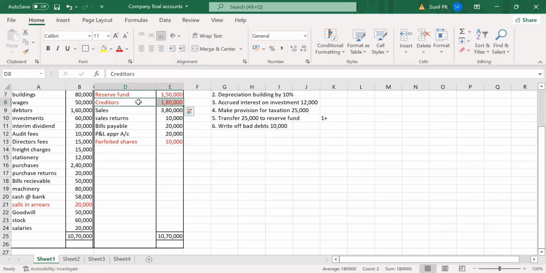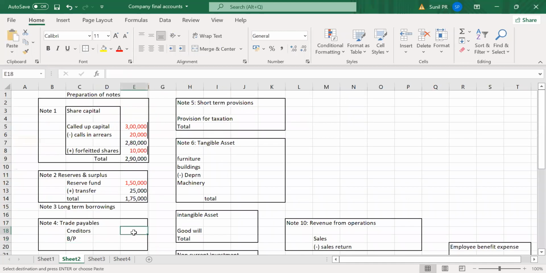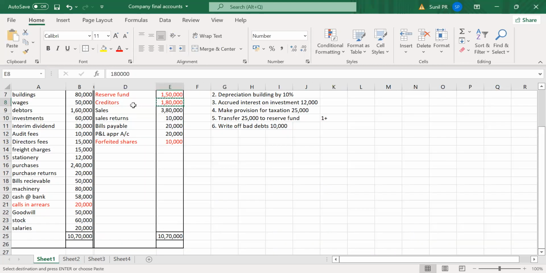So I'm going to take these creditors now. I'll put here creditors, and then once again, just look in the problem. Next, bills payable is there, see. Even that I'm making red. So bills payable, just take that amount.